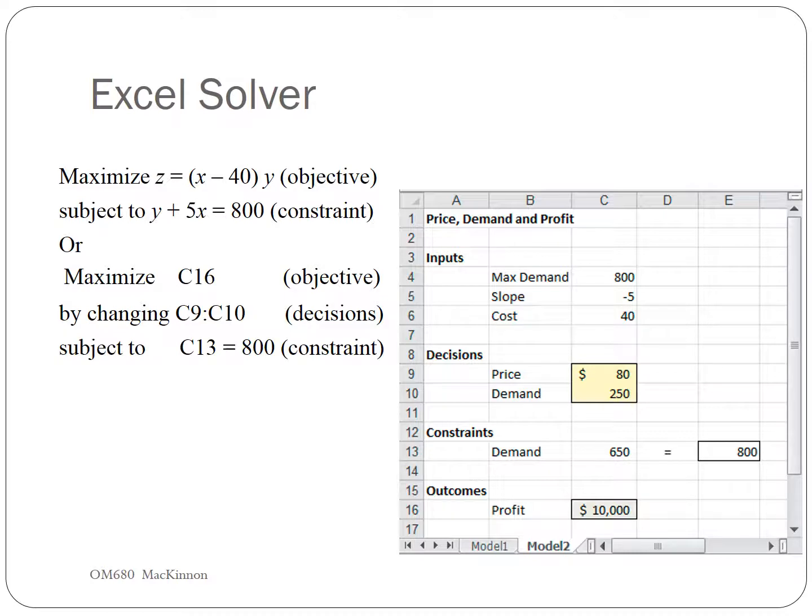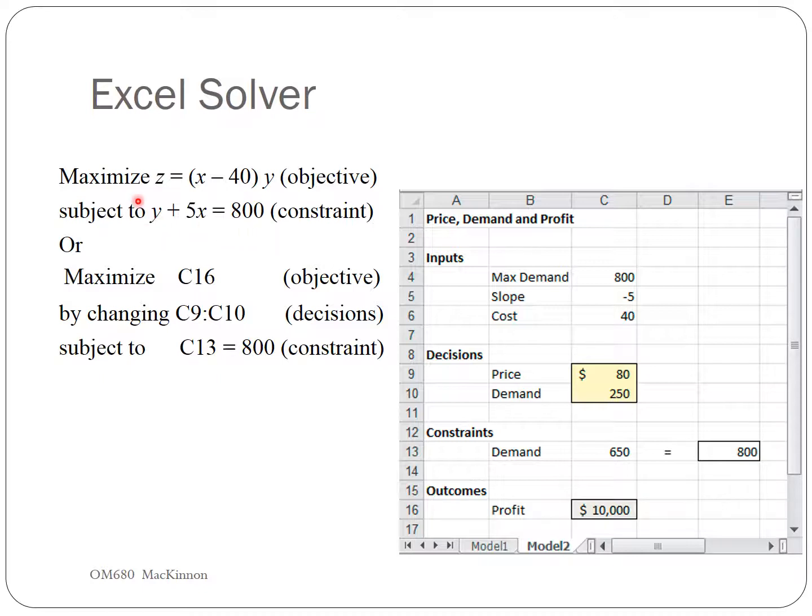So now let's take a look at using the Excel solver. That's our optimization program that's built into Excel. In optimization terminology, what we want to do algebraically is maximize Z, that's our total profit, where Z equals your unit profit times your demand, subject to y plus 5x equals 800.